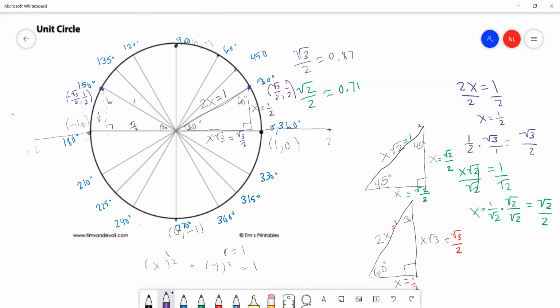All right, and you might see a pattern. Then from 180 to 210, it's another 30 degrees. I can make another right triangle. Here's my other one. Here's my radius of 1.